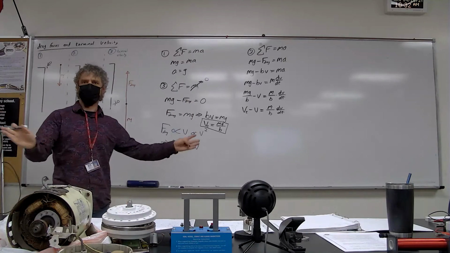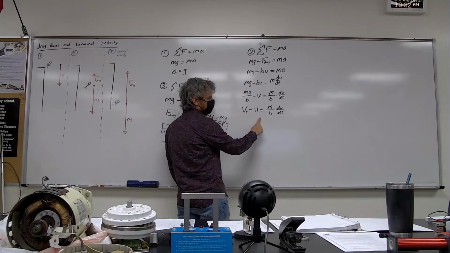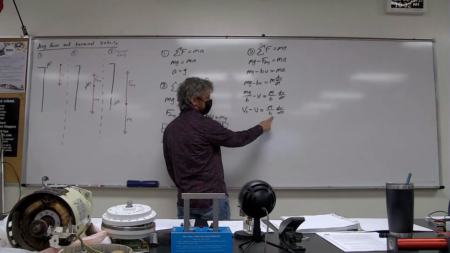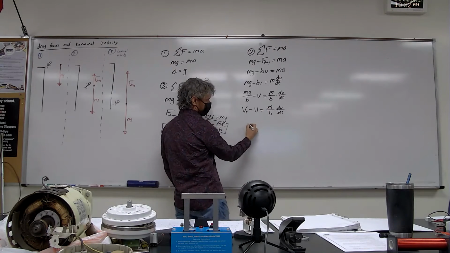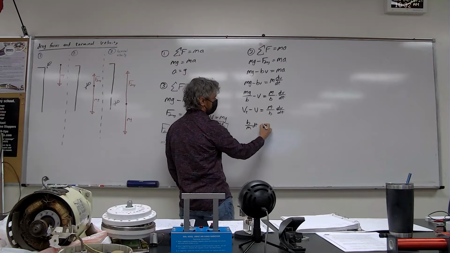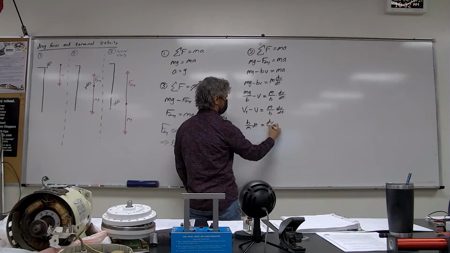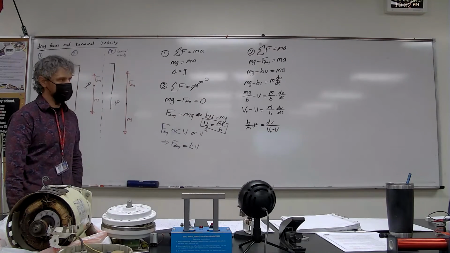And then we just integrate both sides. So I'm going to divide both sides by v_t minus v, multiply both sides by b over m times dt. Hopefully I can do that relatively quickly. So I end up with b over m times dt equals dv over terminal velocity minus velocity as a function of time. Are we okay with that?